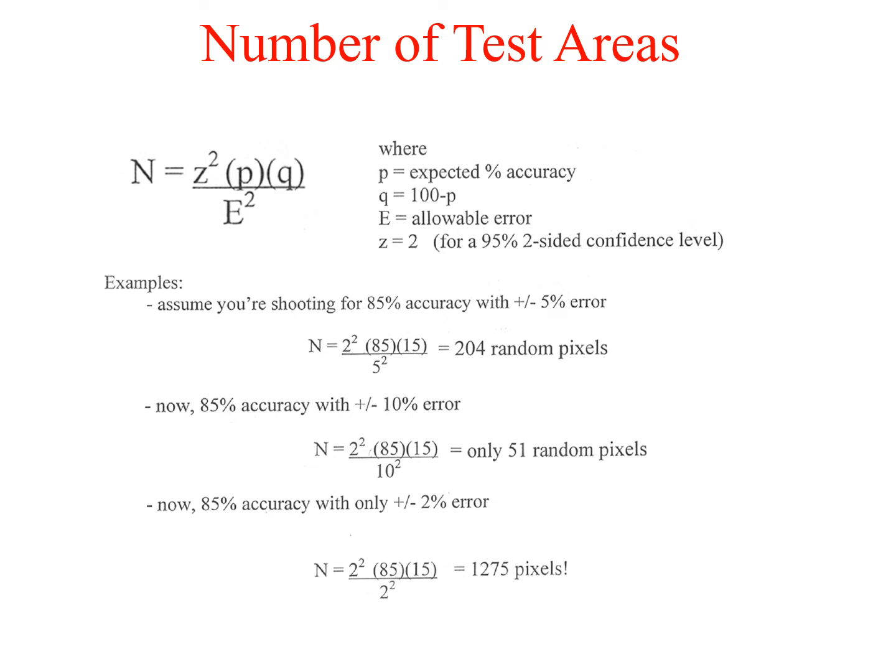Now, if I demand 85% accuracy, or I expect 85% accuracy, plus or minus only 2% error, I need 1,275 pixels. And in most cases, that's just not going to be possible.